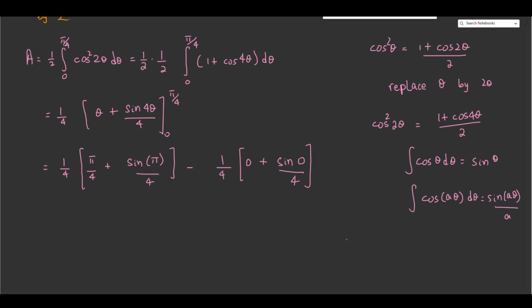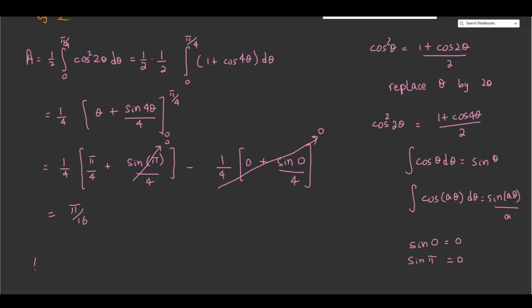And remember, sine 0 equals 0, and sine pi is equal to 0. So this whole thing becomes 0, and 1 by 4 multiplied with pi by 4 gives us pi by 16.